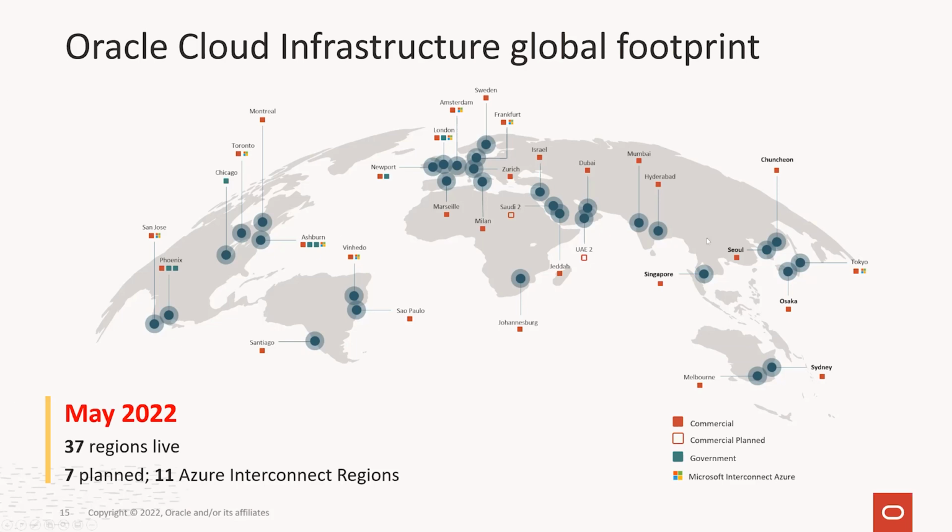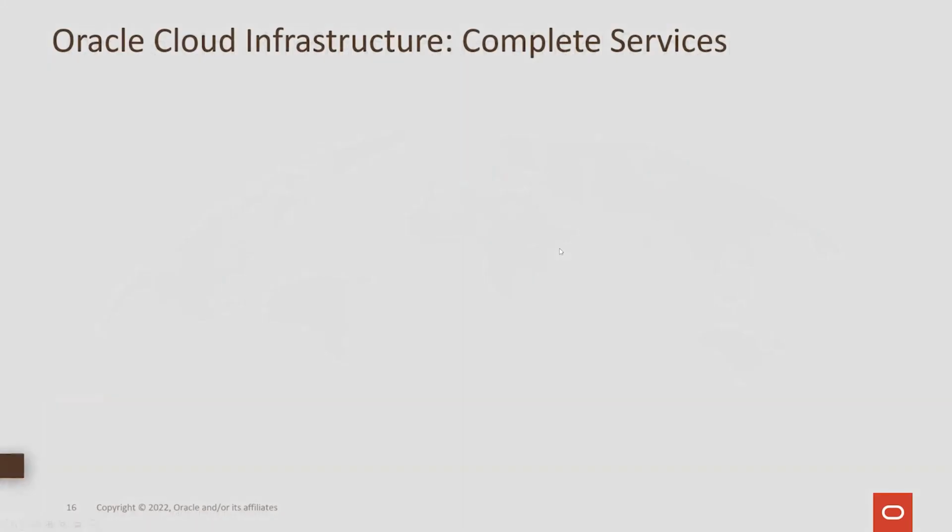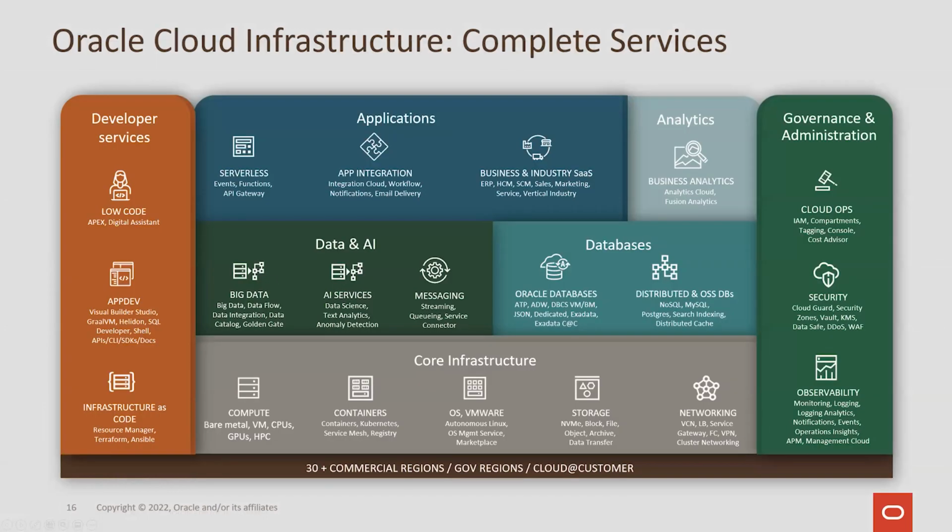All right, moving on. This will be the last slide, and then we will switch to the console, to the demo. This is a very brief overview of our services. Here we have the categories of services that you will encounter in Oracle Cloud.